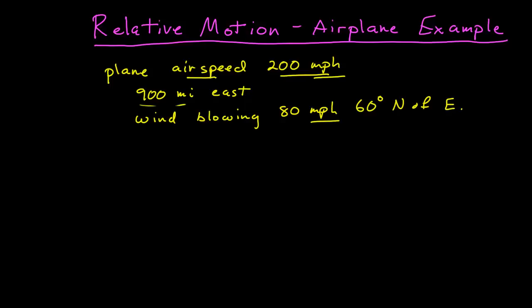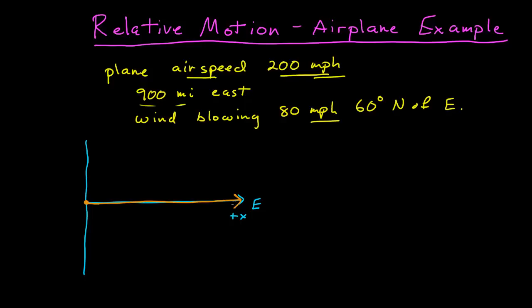So, if I want a picture of this now, I'll get myself a coordinate system here. Let's call plus x east. My object is here, and I want it to fly straight east. I'm going to do something here that's common in these types of examples.